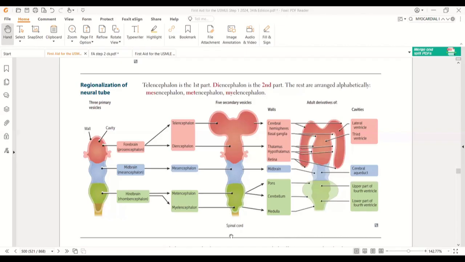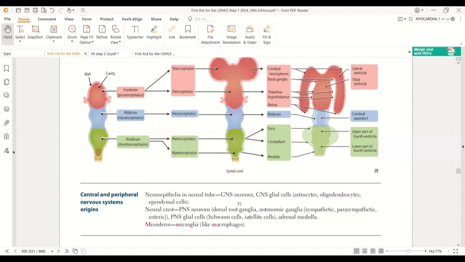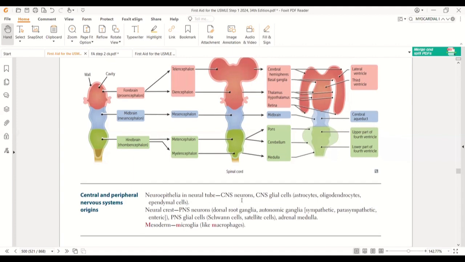Okay, I hope my screen is again visible. So this is again the central and peripheral nervous system. We already discussed that the neuroepithelia in the neural tube give rise to CNS neurons and CNS glial cells. We did discuss these things in detail. Function of these glial cells we already discussed.